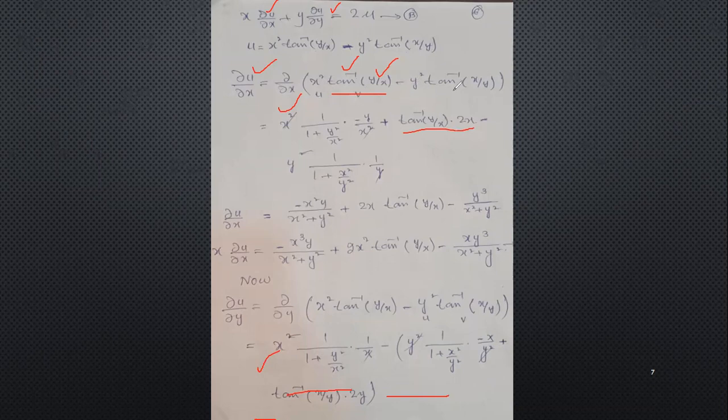minus, now in this term we have tan inverse y upon x with x, this term was only with x, so y square we treat as a constant, y square same. Now the derivative of tan inverse is 1 upon 1 plus x square divided by y square, and then the derivative of its angle is 1 upon y, because the derivative of x with respect to x we get 1 and y denominator same.